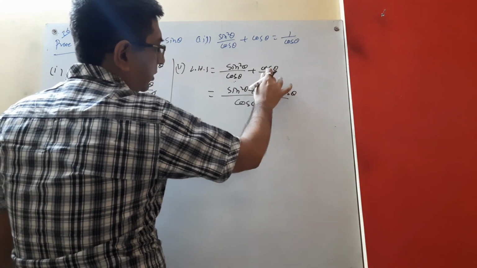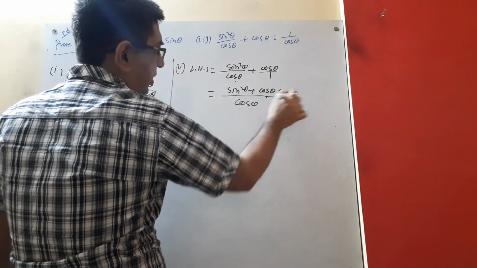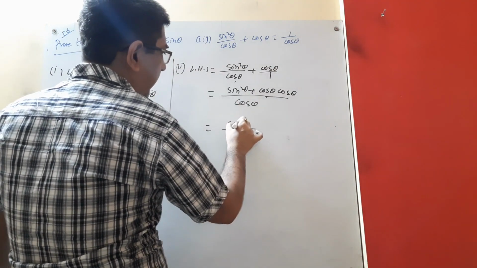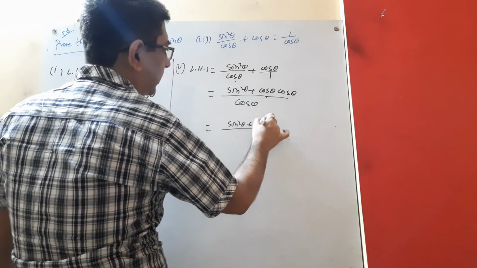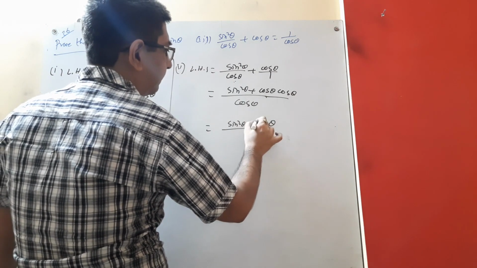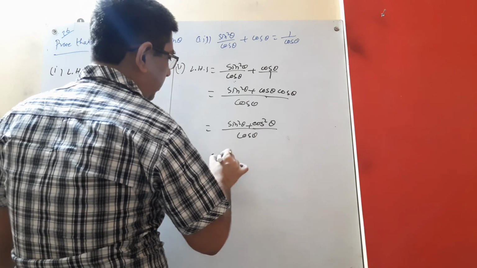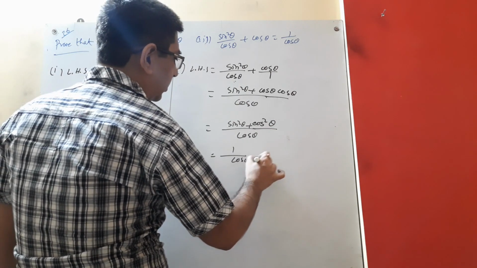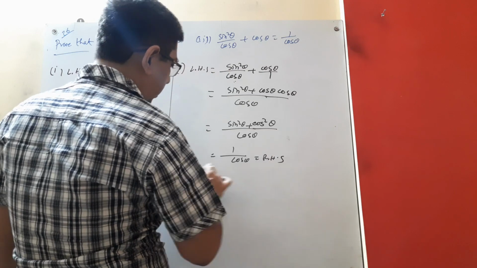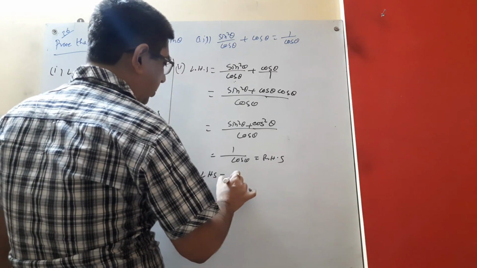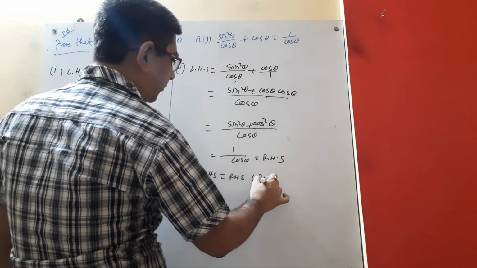Because this is 1. Dividing, we get cos theta into cos theta, cos square. So sin square theta plus cos square theta by cos theta. That means 1 by cos theta, that is equal to RHS. So LHS equals RHS, proved.